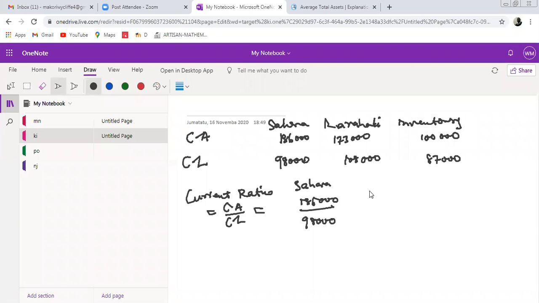That is 1.89, which is 1.9 is to 1. What about for Kalahari? The current assets are 173,000 over current liabilities, which is 180,000.